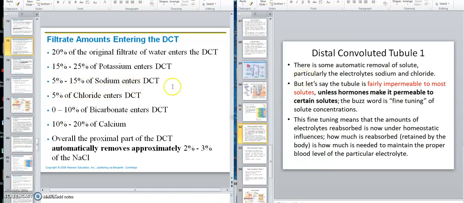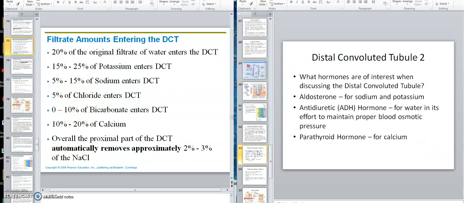So some of this is reabsorbed in the DCT. But most of the solute is impermeable unless these hormones come in. And the hormones are under homeostasis, bringing this back only if it's needed.